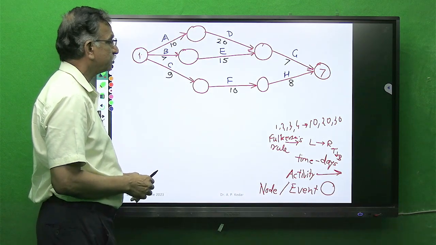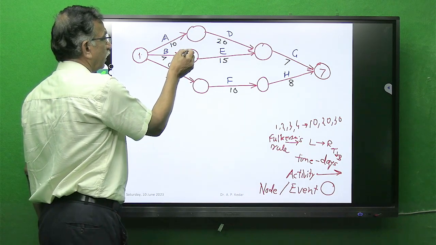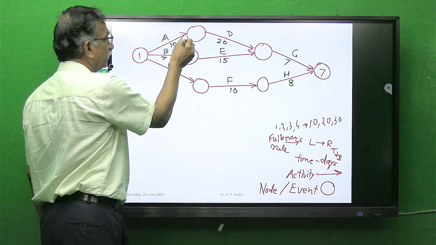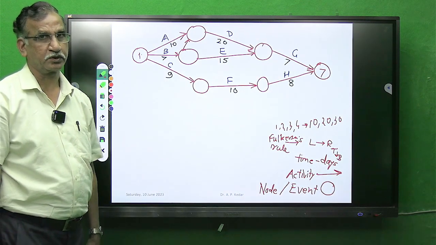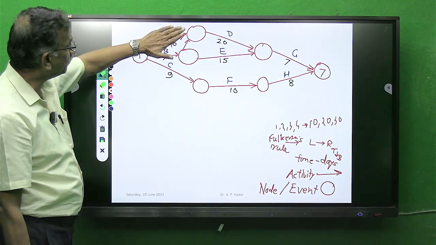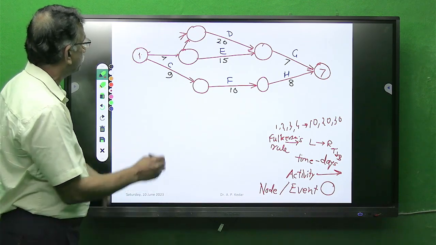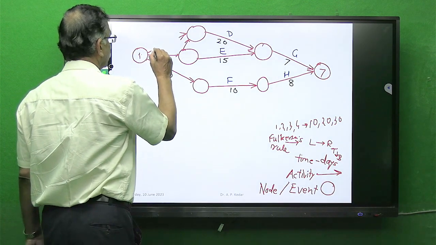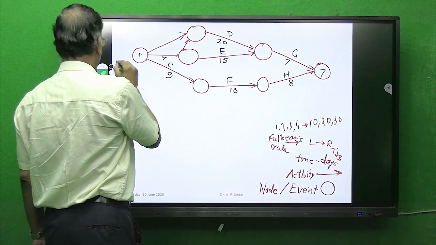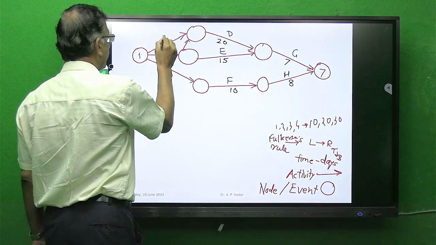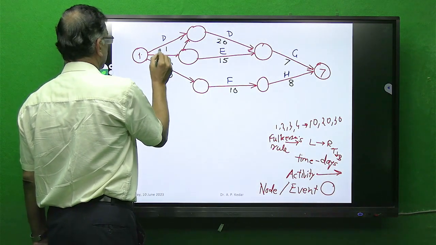Now suppose here intentionally I do one thing. Suppose I give this incoming arrow like this. This is a very important aspect. If I put my palm over here, now suppose I want to decide, what we have written is D, 10.